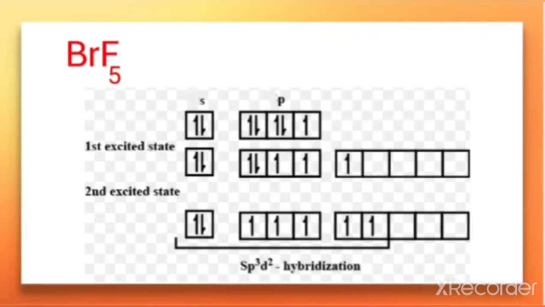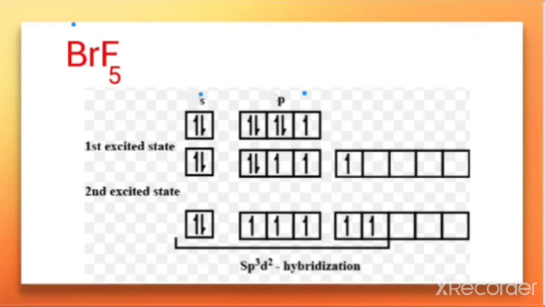For the XX'5 type of molecule, example BrF5, here also the central atom is Br, because both the atoms are halogens. So we write the ground state electronic configuration, that is ns2 np5.